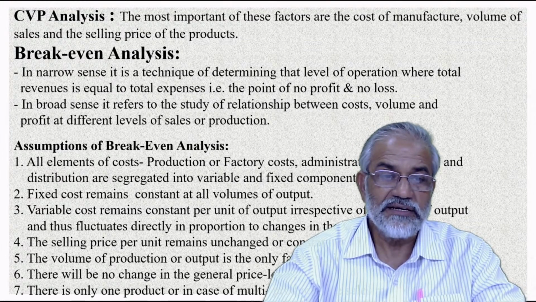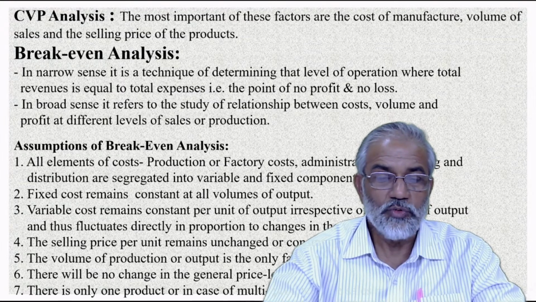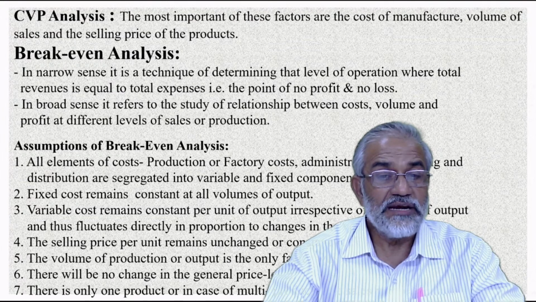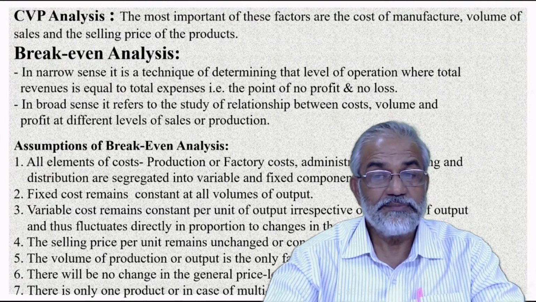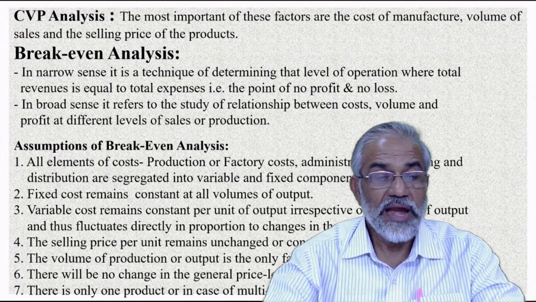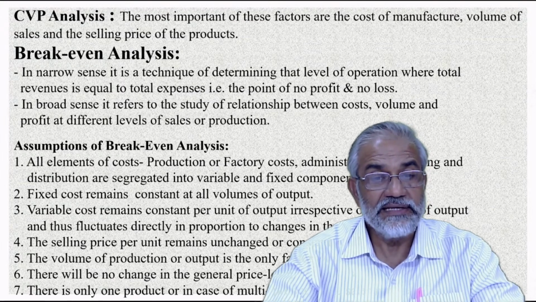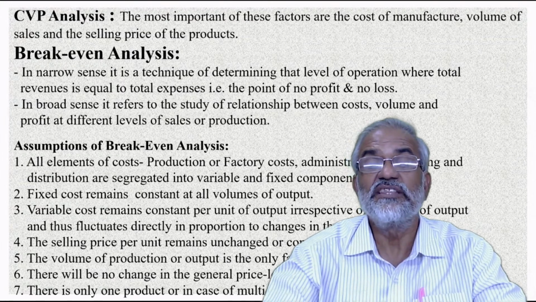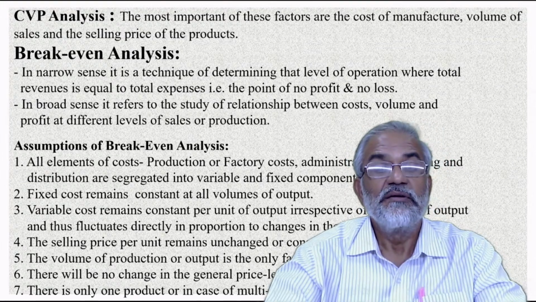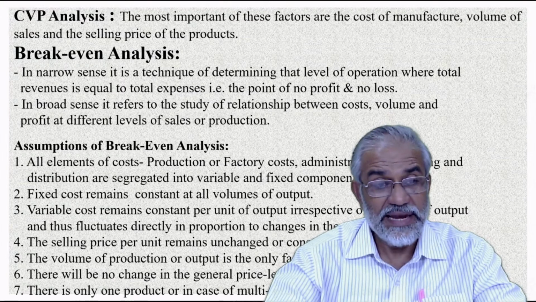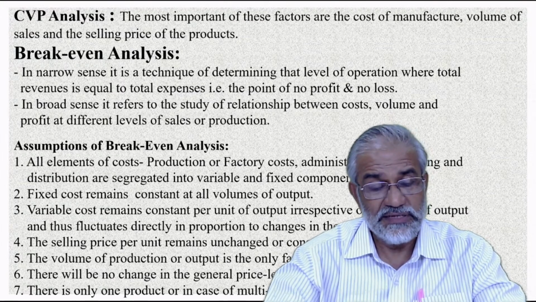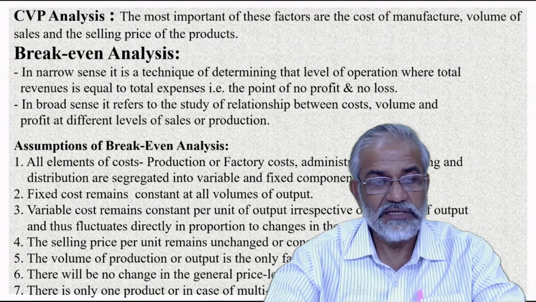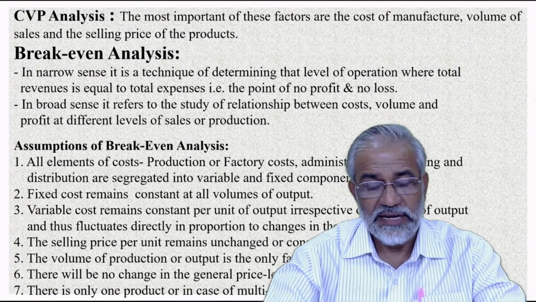Third, variable costs remain constant per unit of output irrespective of the level of output and thus fluctuate directly in proportion to changes in the volume of output. Since it is the very characteristic of variable cost, it varies directly and proportionately with the volume of production.